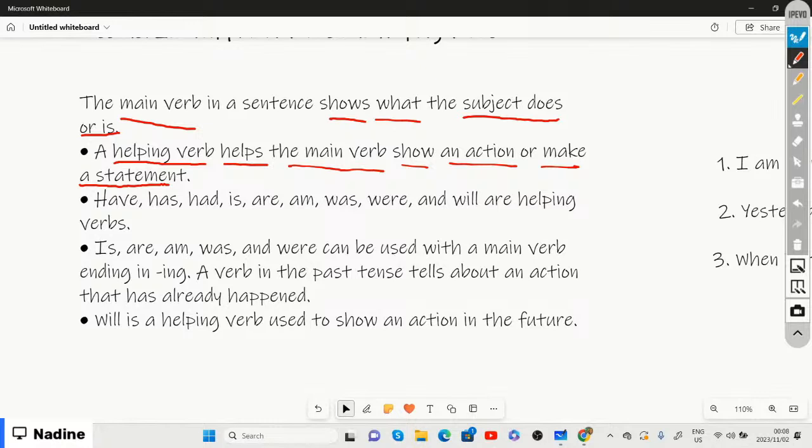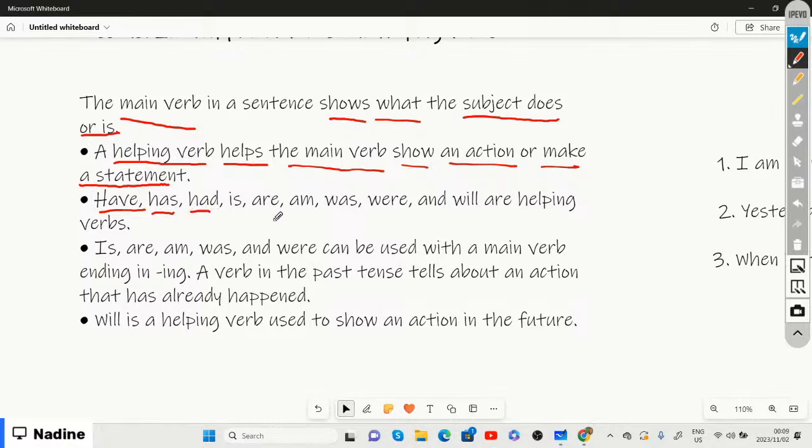And when it comes to a helping verb, there are certain words that indicate that it is helping the main verb. The common helping verbs are have. So if you have a word like have in front of a main verb, then it's a helping verb.